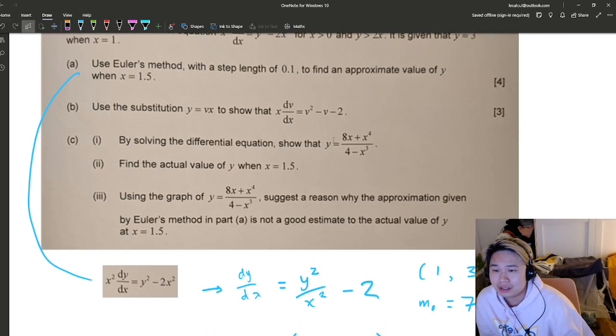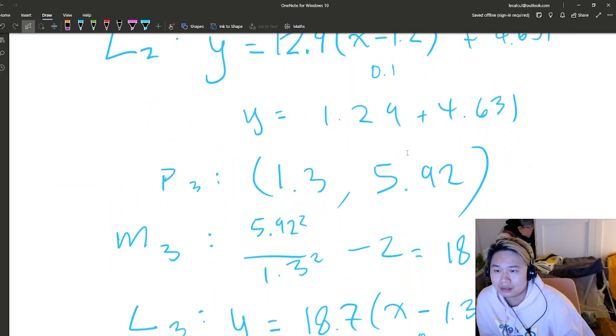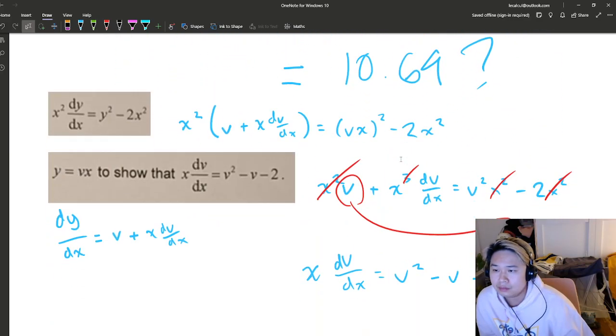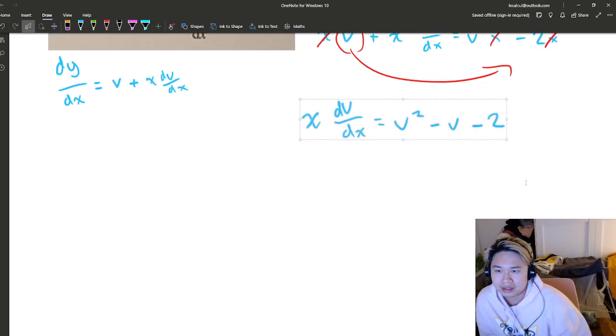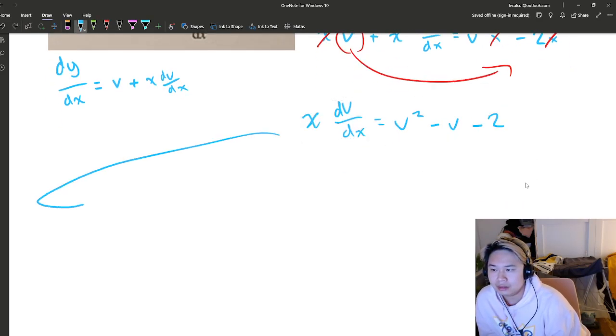Okay, solving the differential equation, show this. Okay, so we're going to solve this one, which is a separation of variables. So you got this.